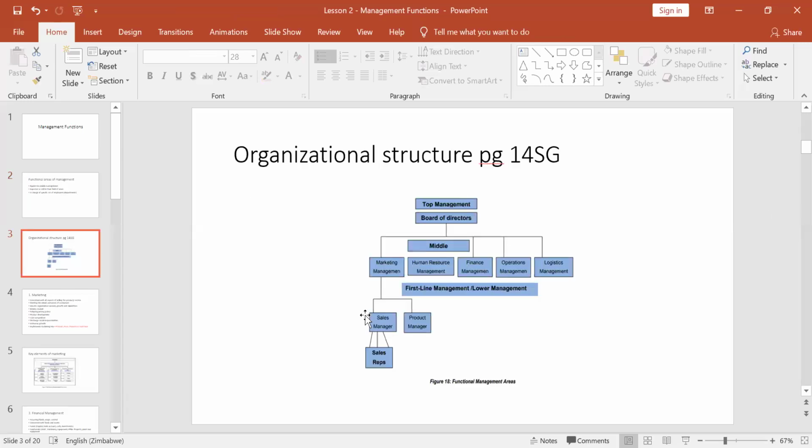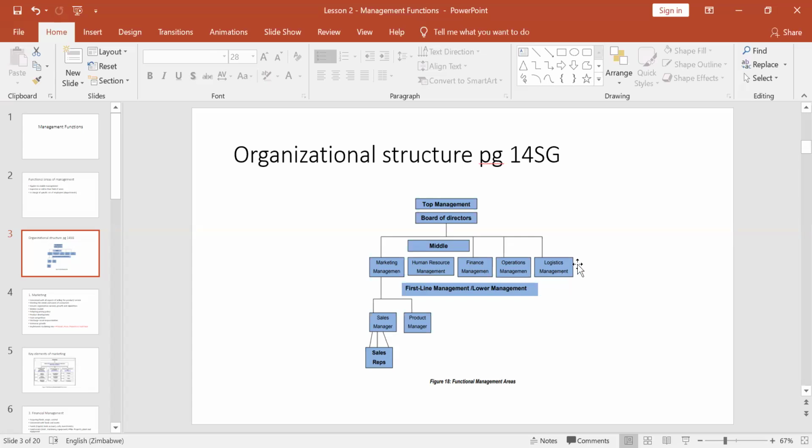So we have a picture there, an illustration showing some of the functions that you might find in an organizational chart. That organizational chart has the top management being the board of directors. Then we have the middle managers according to their different functions. We have marketing, human resources, finance, operations, logistics.